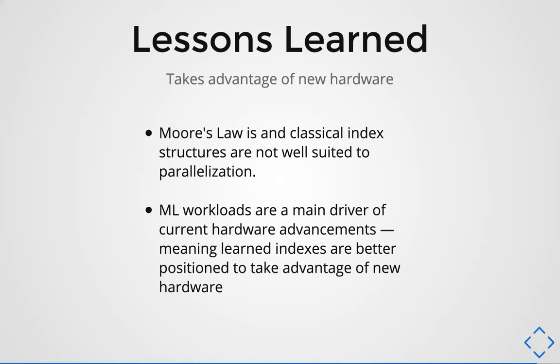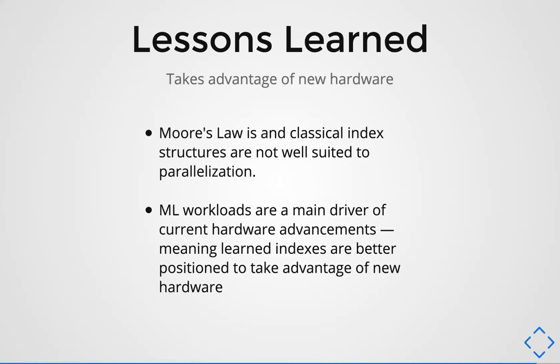Moore's law is either dead or dying, depending on who you ask. So CPUs really aren't going to get much faster, which means we won't be able to take advantage of hardware speedups on these classical indexing structures because they're not well suited to parallelization and they're not well suited to the kind of workloads that are driving the current breed of hardware advancements.